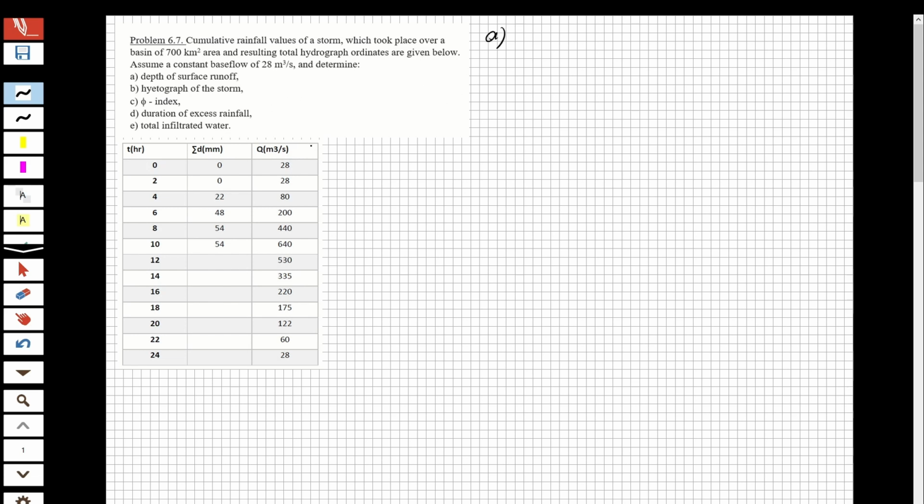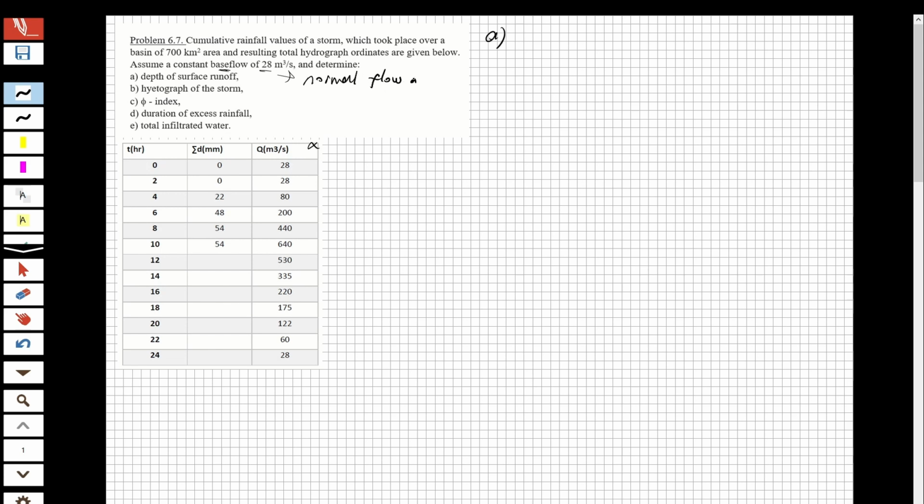For the first one, we are going to use this column, because you can see this is the discharge that passes in the river. They measured it between specific hours. So we have a constant base flow. This is the normal flow of the river before the rainfall, 28 meter cubic per second.